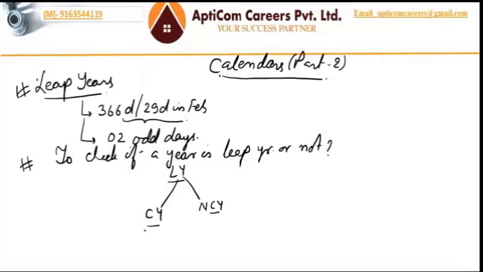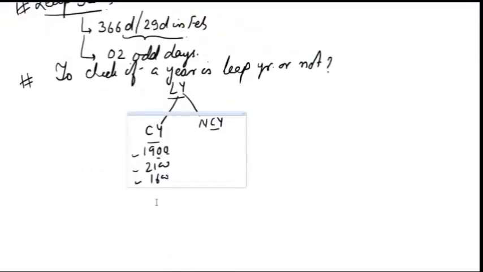A century year means a year ending with 2 zeros, like 2100, like 1600 and so on. A non-century year is a year not ending with 2 zeros, like 1920, 2110, 1760 and so on. Once we understand whether the given year is a century year or a non-century year, we can find out whether it is a leap year or not.